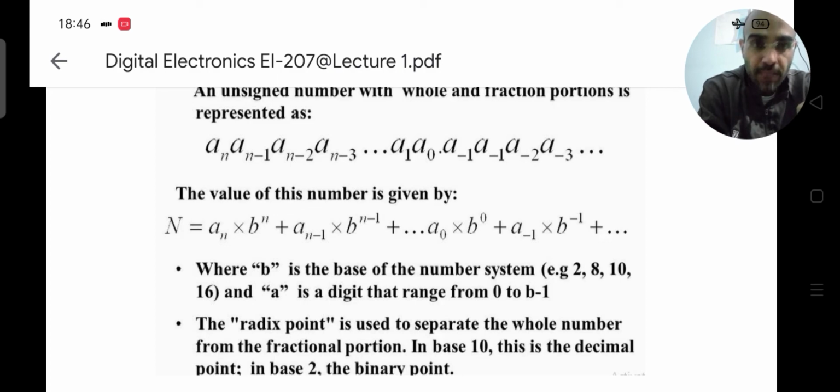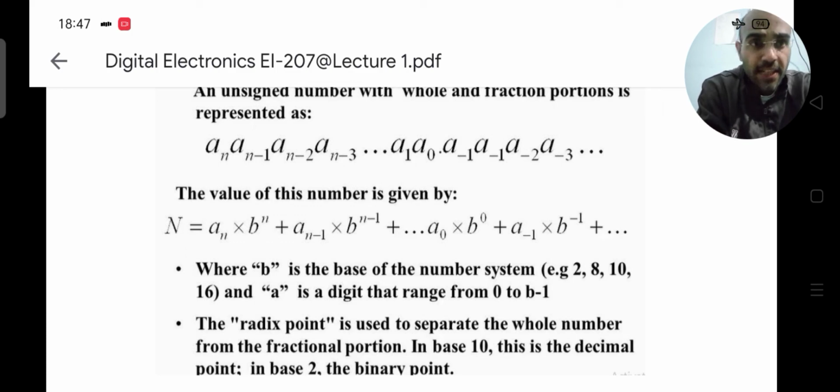So if the digit is at the 4th place, then n will be 4. Later on it will be 3, 2, 1 and 0. And on the fractional side it will start from -1 and go on up to the place given in the number.